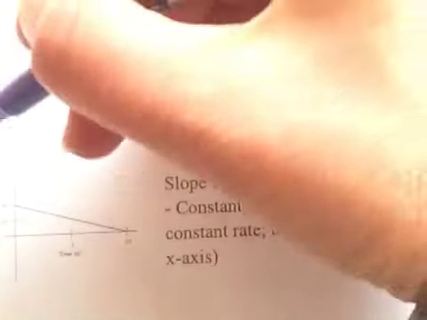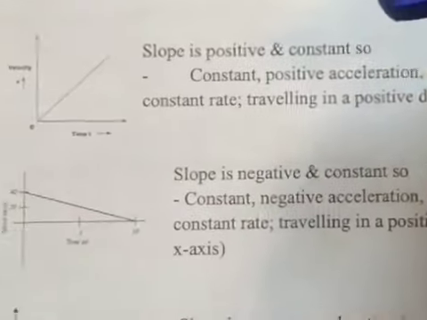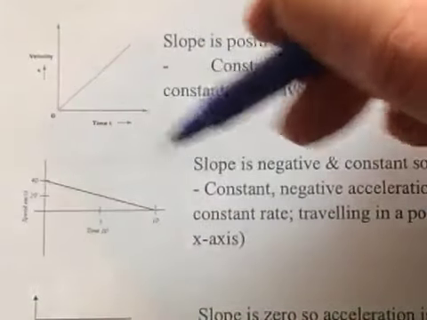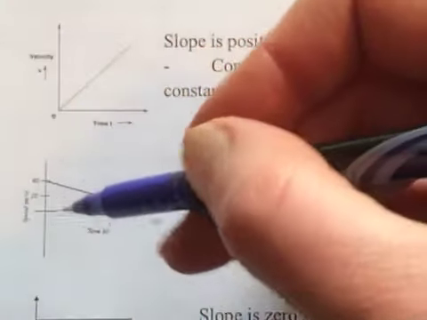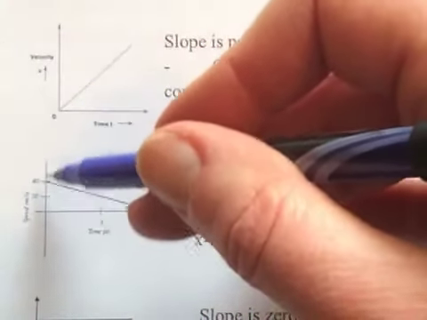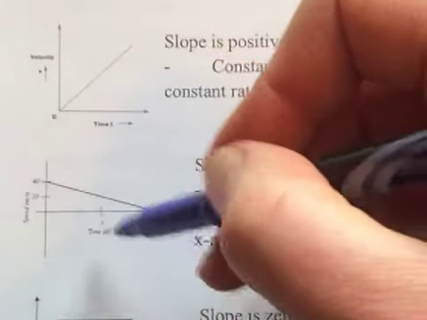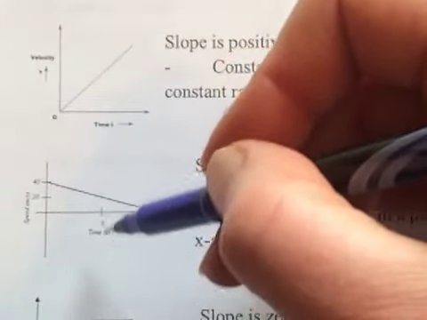For the next one, the slope is negative but still constant. So if it's negative and constant, and it's still traveling in a positive direction. And the way I know that is its velocity is positive over here. If it was traveling in a negative direction, it would be below the x-axis.